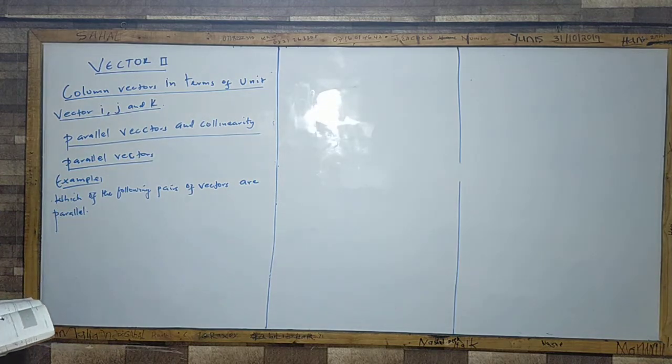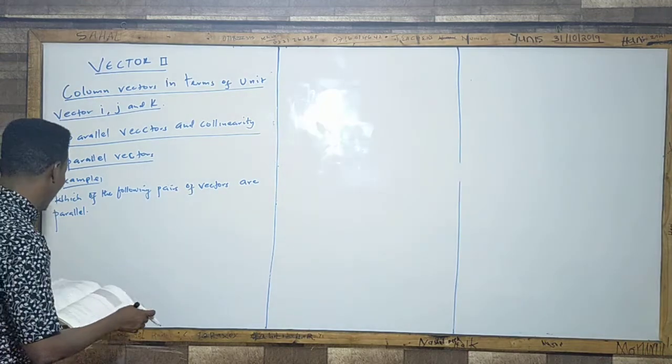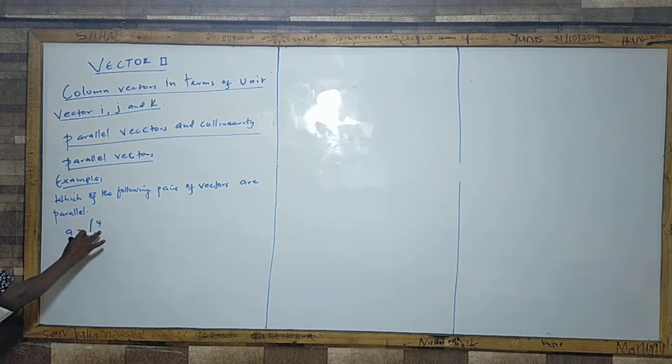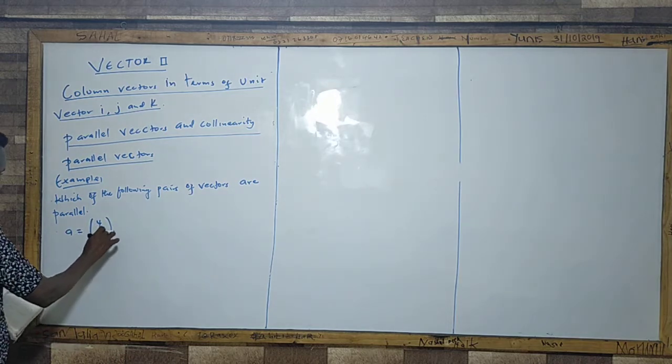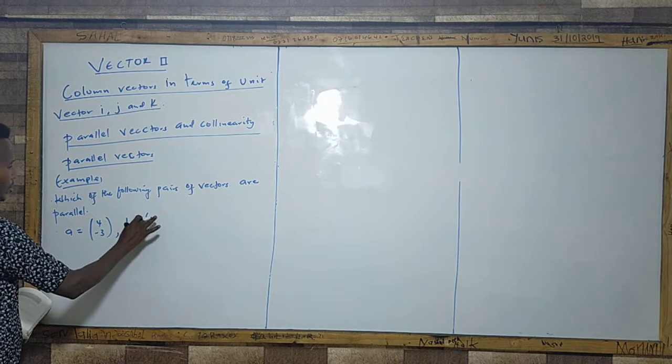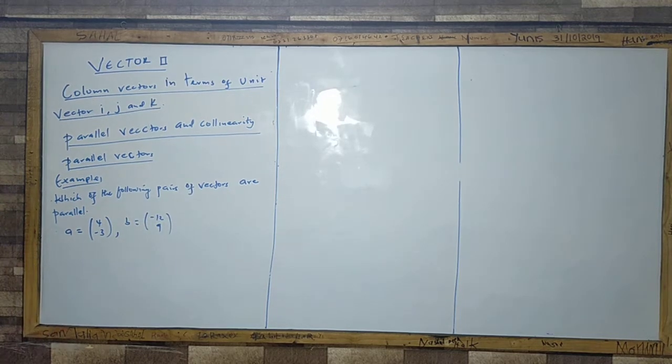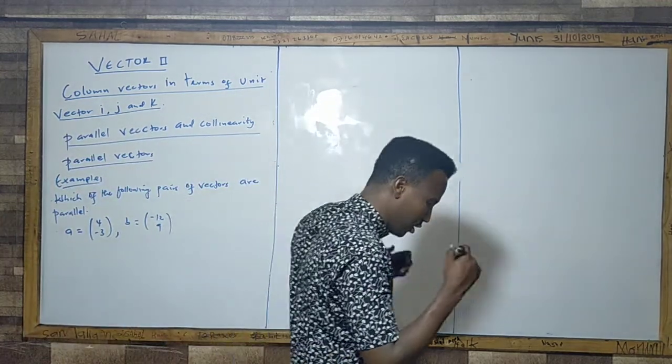We need to see whether these vectors are parallel or not. We have A is equal to the column vector 4, -3. Then we also have B is equal to -12, 9. We need to test whether these two vectors are parallel or not.